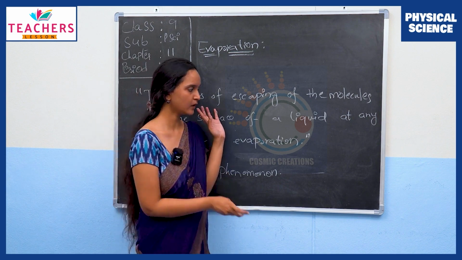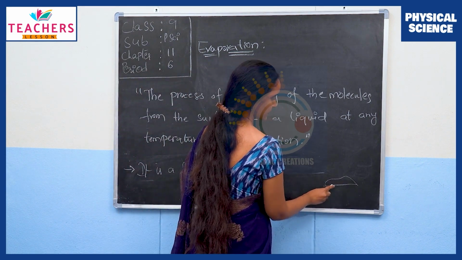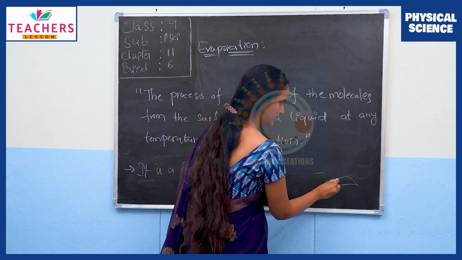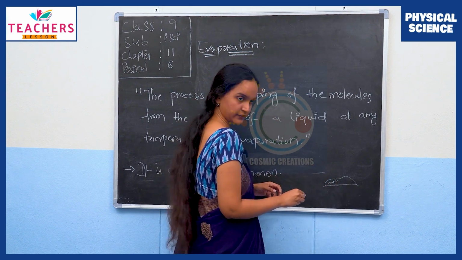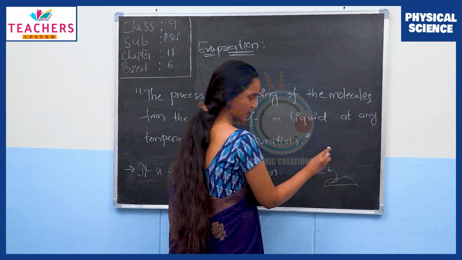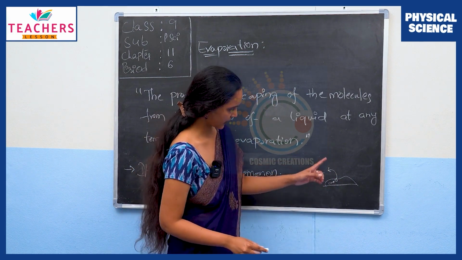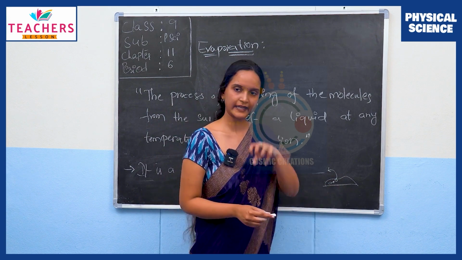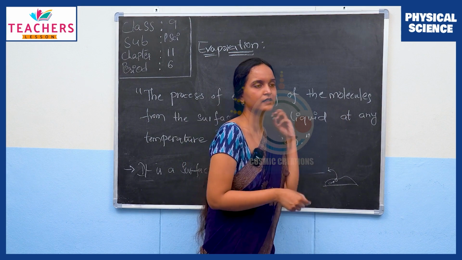And then they move out. That means the energy of the molecules inside is transferred to the molecules at the surface, and these molecules jump out. So from this molecule, energy is transferred to this. Now this molecule takes energy and it leaves the liquid.